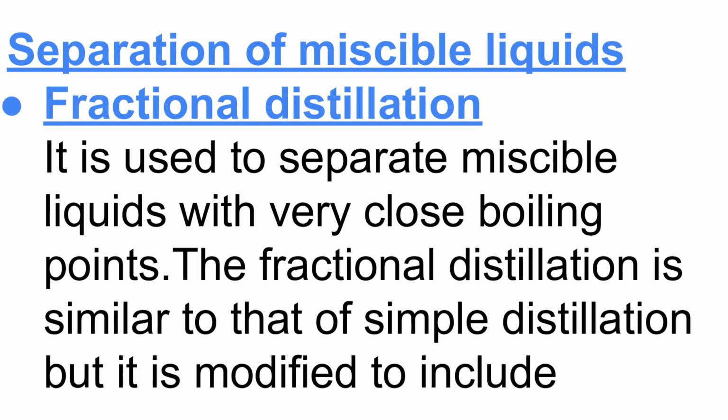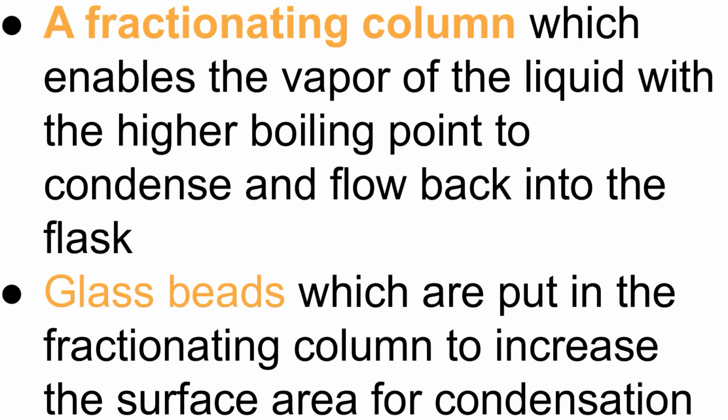Now, fractional distillation is used to separate miscible liquids with very close boiling points. Fractional distillation is usually similar to simple distillation, which we mentioned earlier, but it is modified to have a fractionating column which enables the vapor of the liquid with the higher boiling point to condense and flow back into the flask.